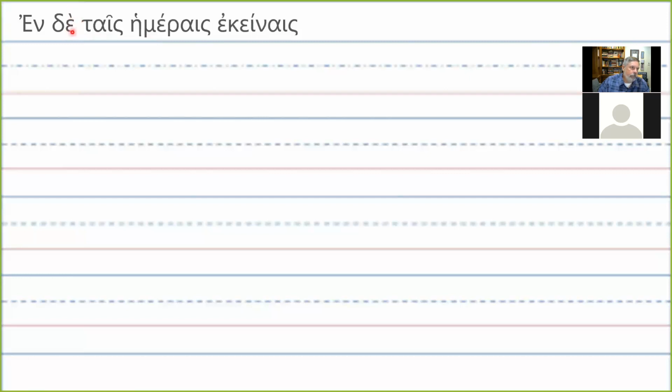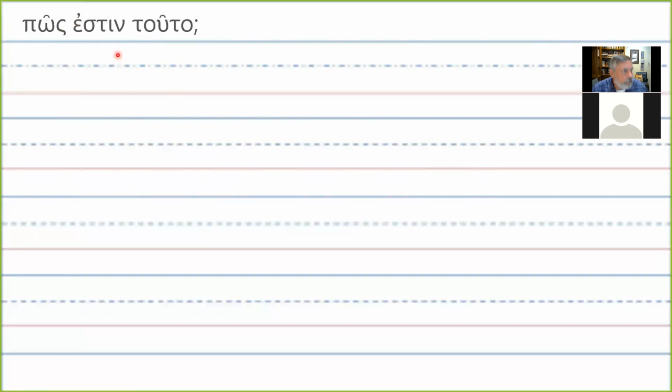Then this epsilon would drop off, and there'd be like an apostrophe right here, and it's called an elision. And that would be the exact same word. It's only done for when the Greeks want to pronounce words a certain way, and ultimately they don't want two vowels coming together, one ending one word and one beginning another word, and that's the only reason for it. It has to do with the air. They want to actually be able to take a breath from one vowel to another vowel. It has to do with that.